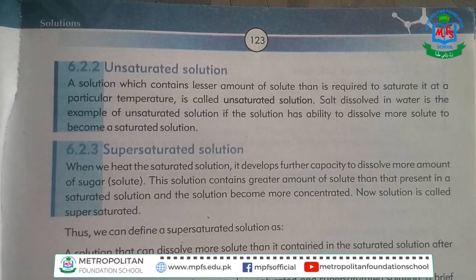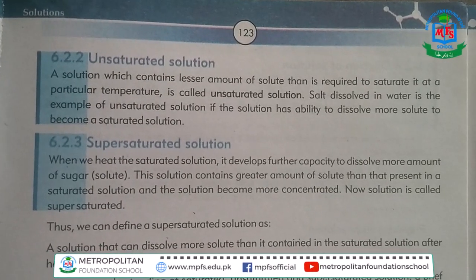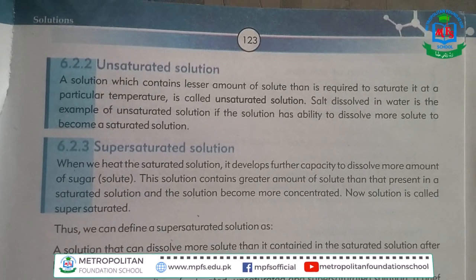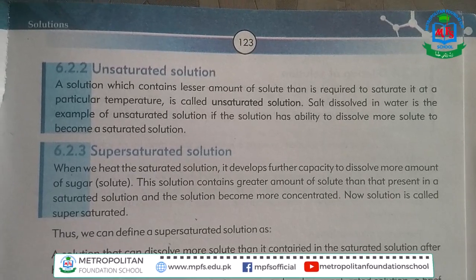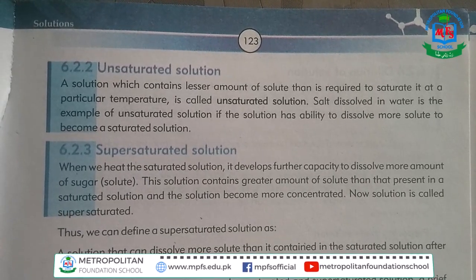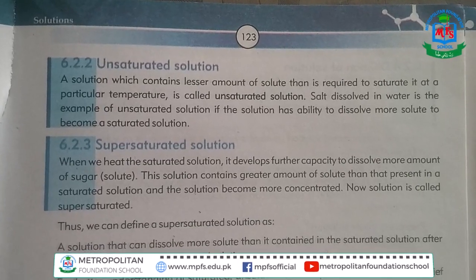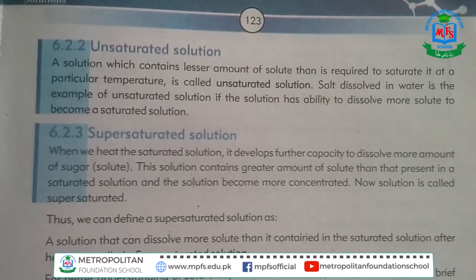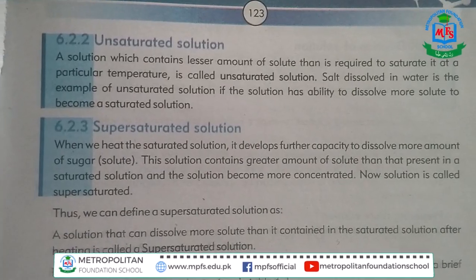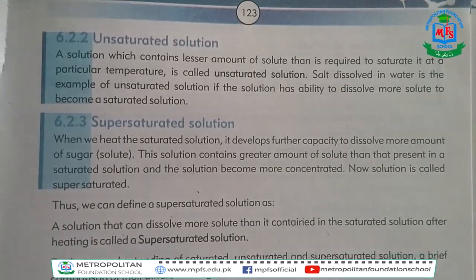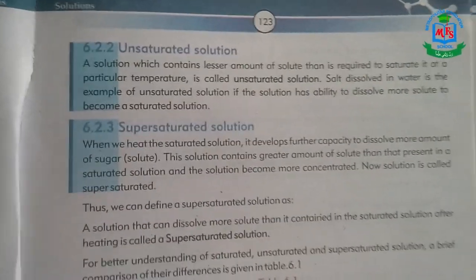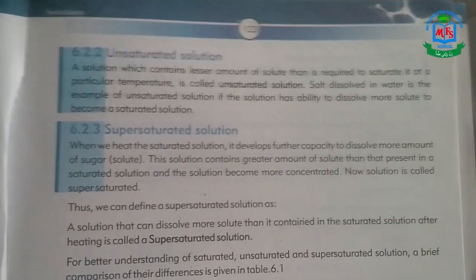Now, we discuss another term that we use in this chapter, that is supersaturated solution. What is supersaturated solution? Supersaturated solution is that which contains a greater amount of solute dissolved in it.